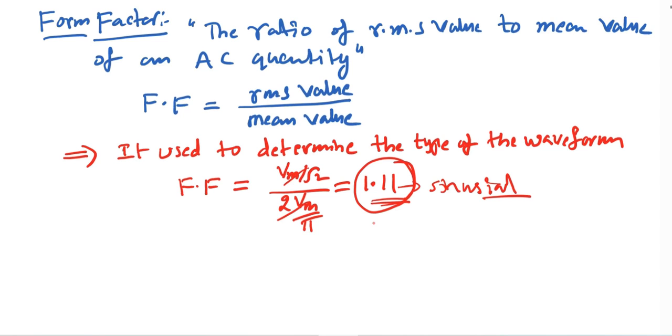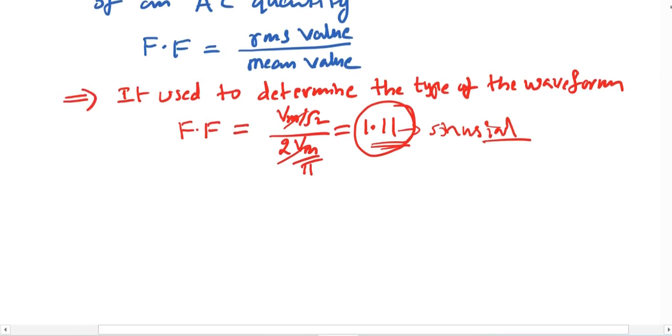Such analysis can be easily done, so that you can take proper precautions to reduce harmonics and some kinds of malfunction in the power system. So that is the significance of form factor.